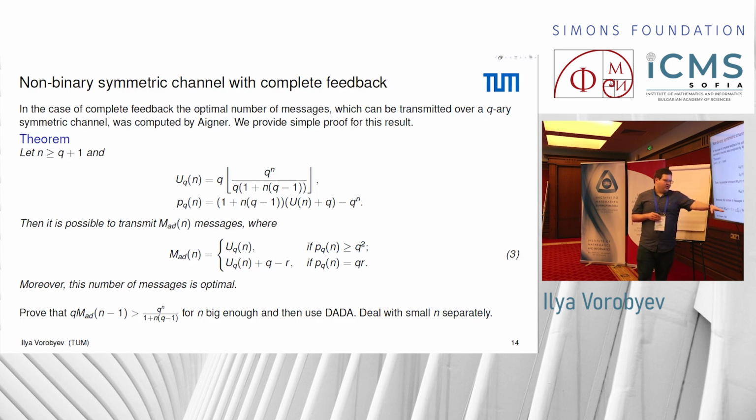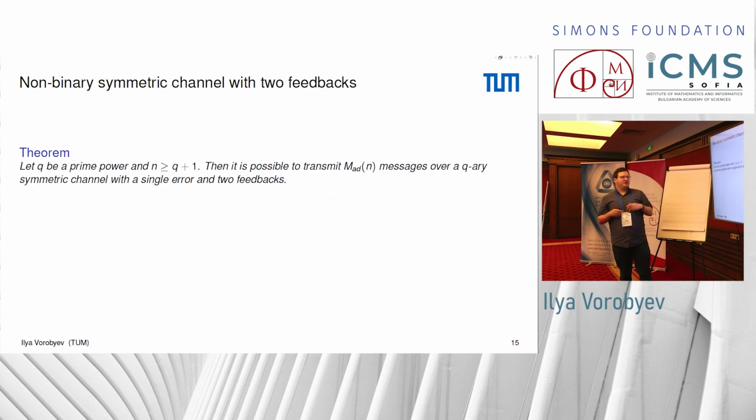We just prove it with induction, and once again we can strengthen this result for the case of 2 feedbacks, but here we need q to be a prime power. It's not proved for all q, but for the case when q is a prime power, we can transmit the same number of messages as the algorithm with complete feedback. We can transmit it with only 2 feedbacks.